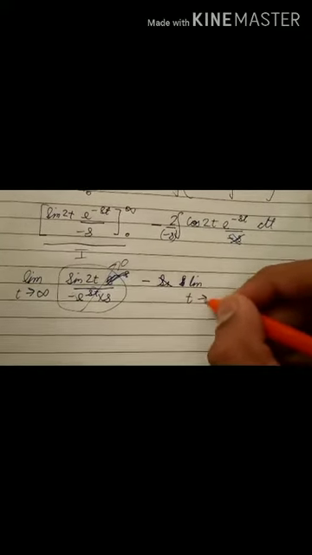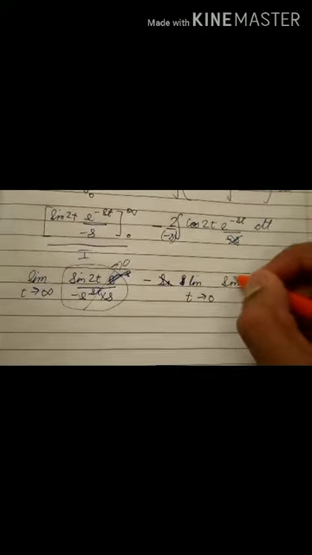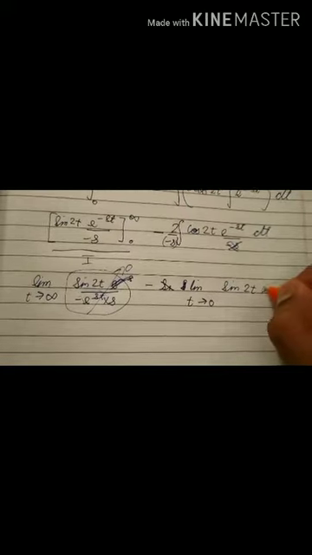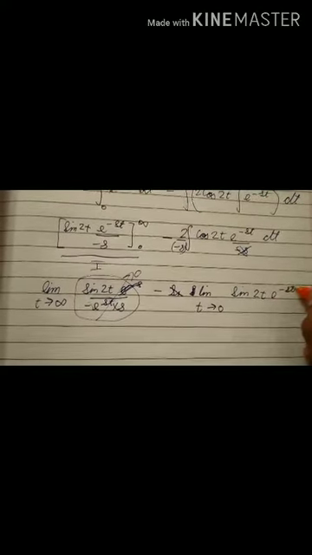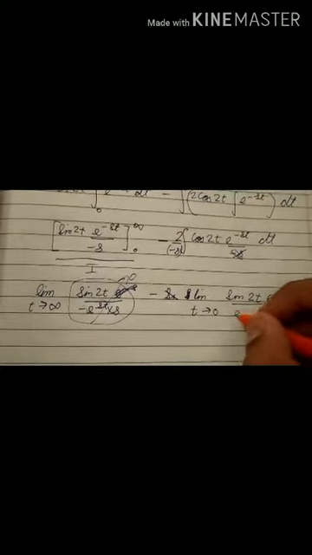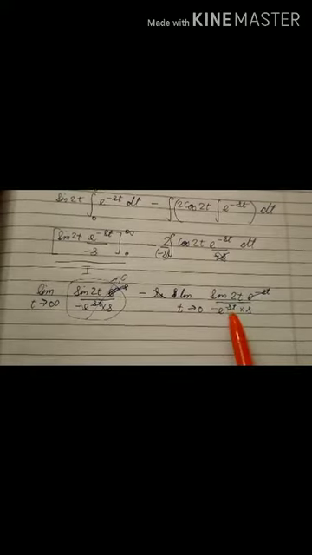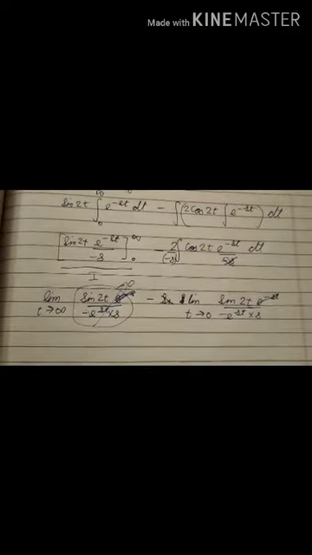And minus, for the lower limit, t tending to 0: sin 2t times e to the power minus st, again in the denominator e to the power st into s. When t tends to 0, e raised to power 0 is 1, anything raised to power 0 is 1.